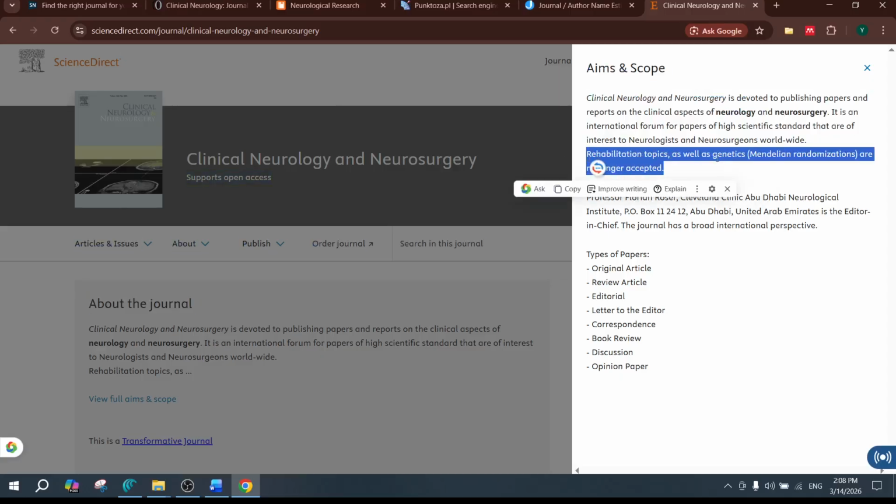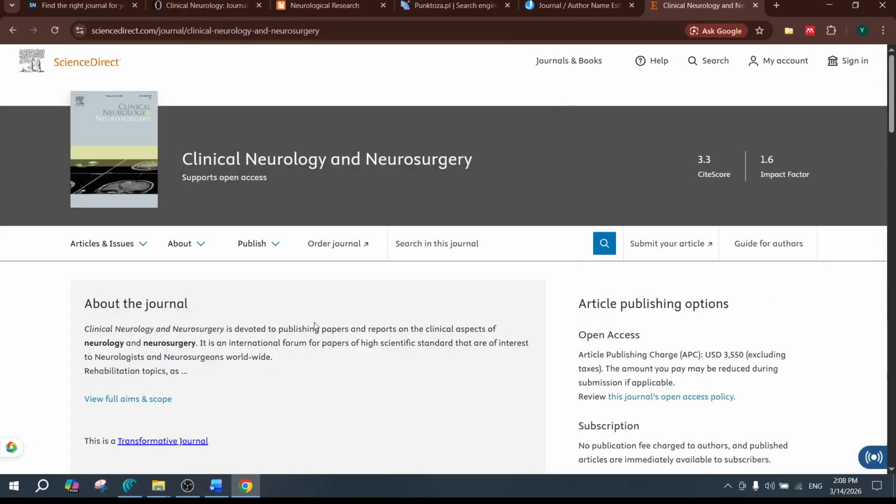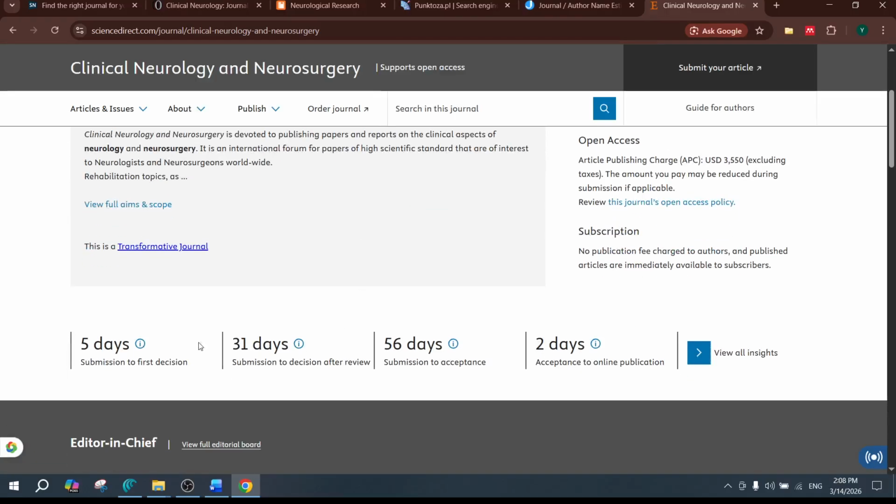So if you have a neurorehabilitation or rehabilitation paper, it's less likely to get accepted here. As you can notice, submission to the first decision took about 5 days. Submission to decision after review, about 31 days, 1 month, which is not bad, and 56 days to acceptance.